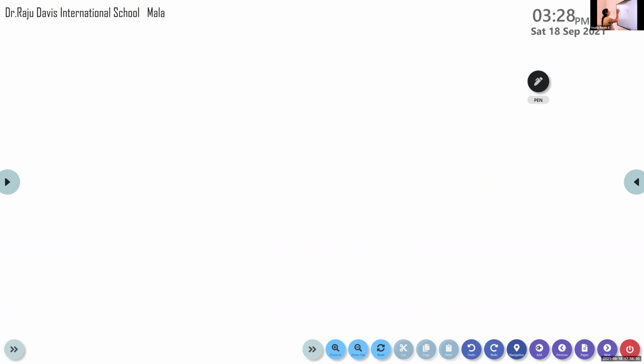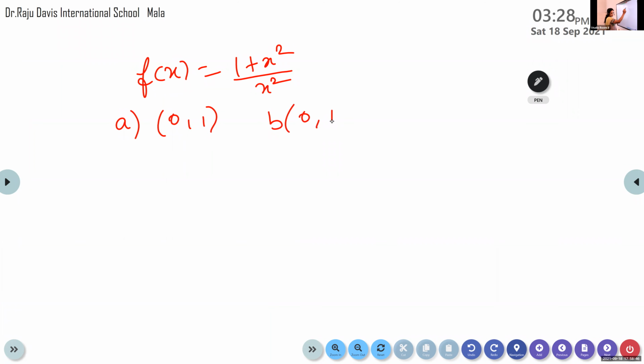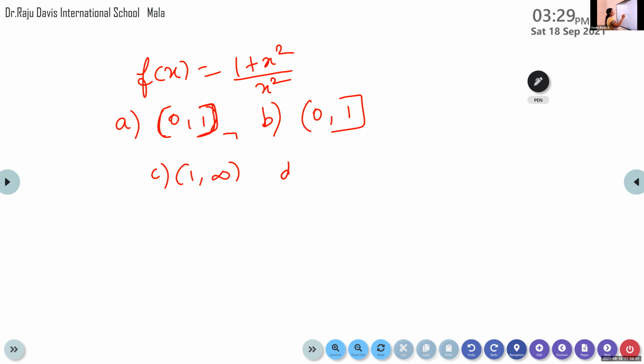Write the next one. The range of the function f of x equal to (1 plus x square) by x square is: option A, closed 0, 1; B, open 0, closed 1; C, 1 to infinity; D. Here in the first one, both are closed.